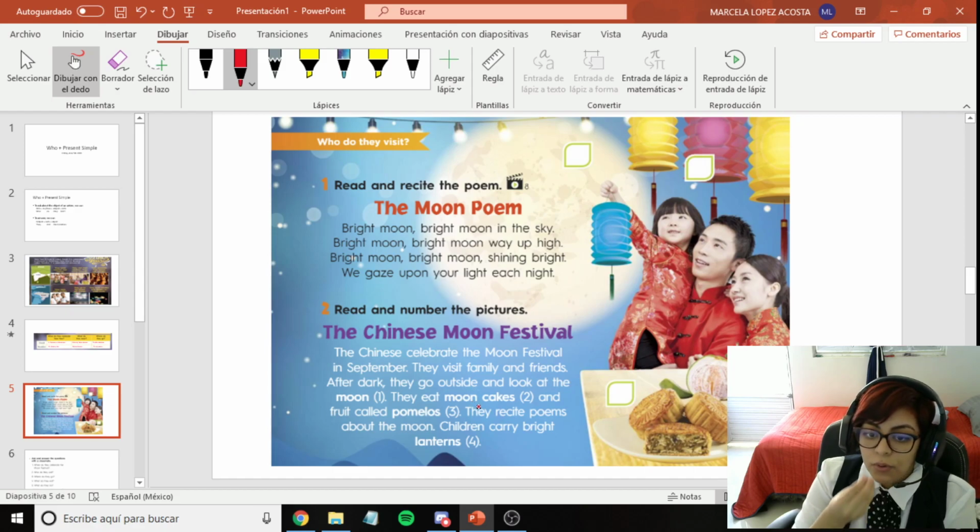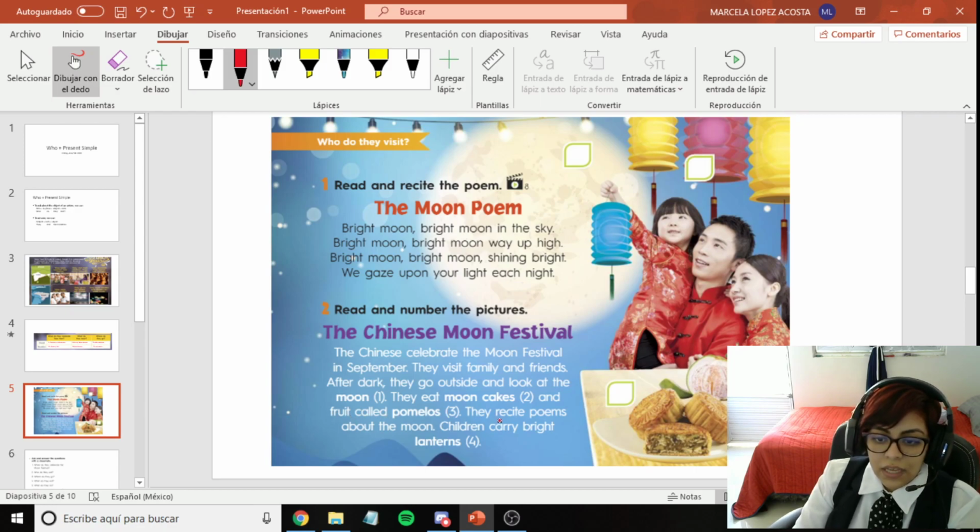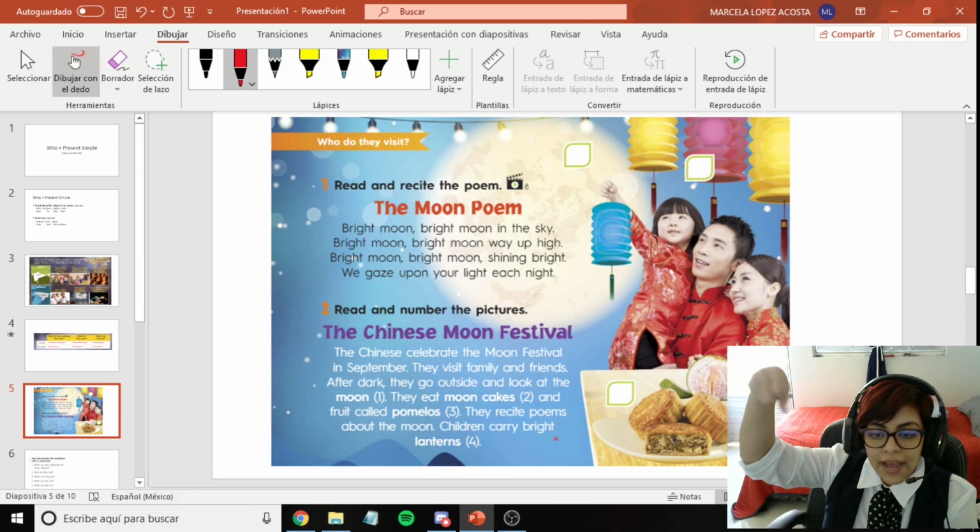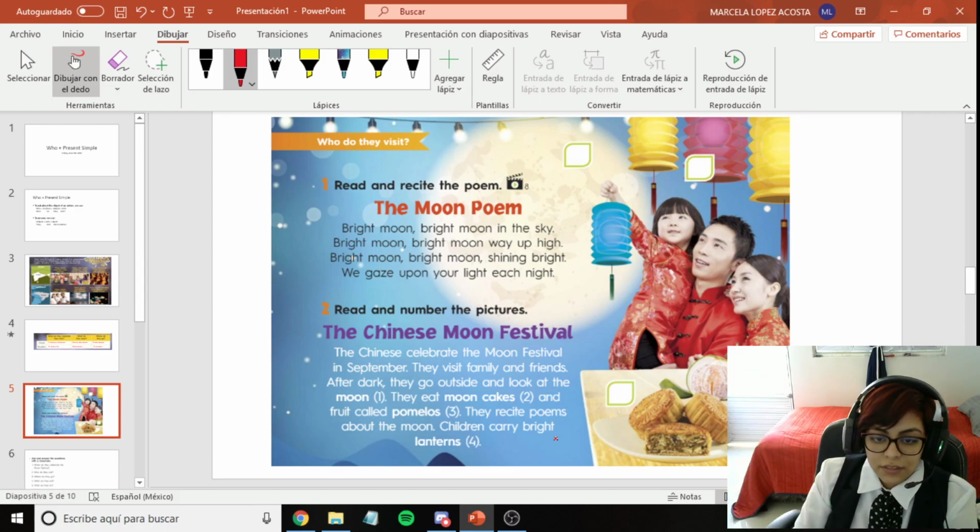They eat moon cakes and fruit called pomelos. They recite poems about the moon, and children carry bright lanterns.